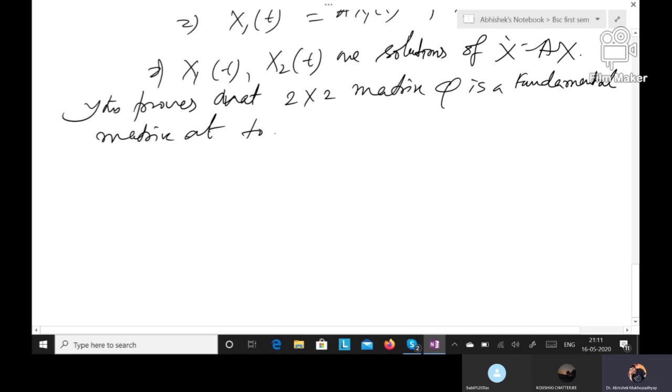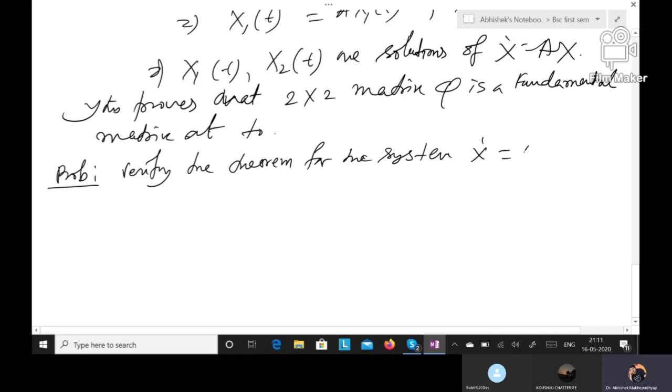That is, we just write down a problem that verifies the above theorem, for the system x dot equal to Ax, where the matrix A is 0, 1, minus 1, minus 2.